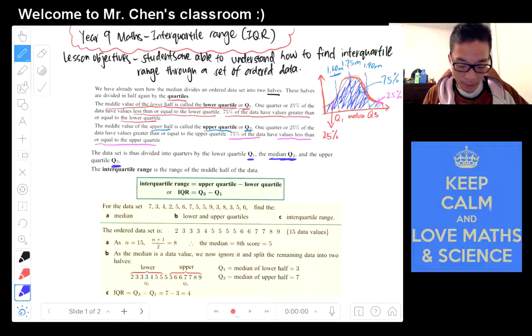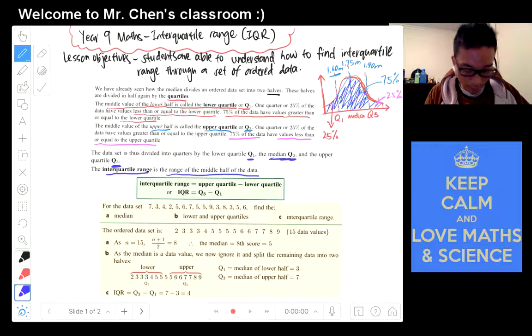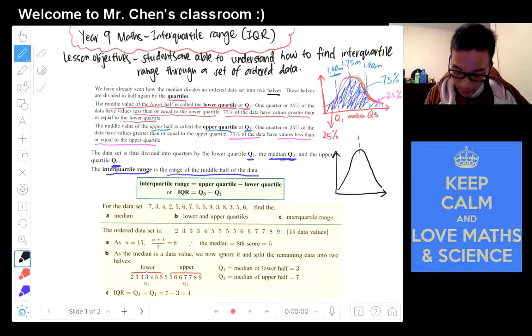So your interquartile range is actually the range of the middle half of the data. I'm going to draw on another one again. Let's say you survey everyone and your data turns out like that. This is your median, that is your Q1, roughly the bottom 25%, and that's your Q3.